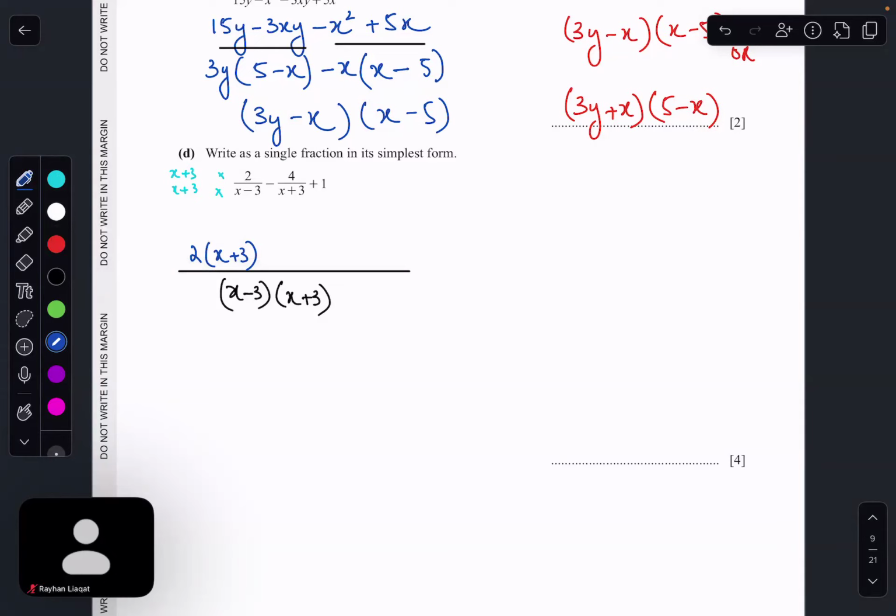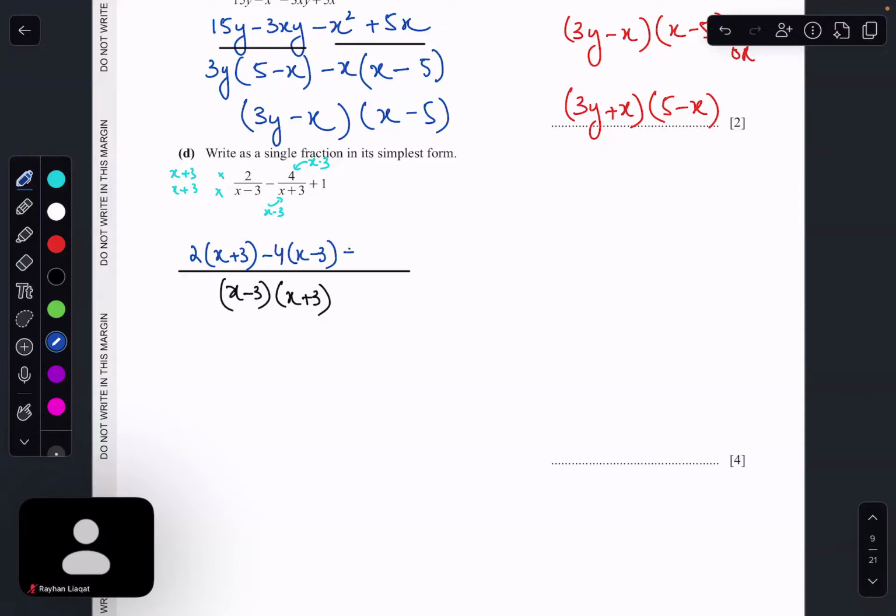Then we have to make the second fraction. So I'm going to multiply this over here with x minus 3, this one over here. So I have to do with the numerator as well, x minus 3. So we have minus 4 times x minus 3.